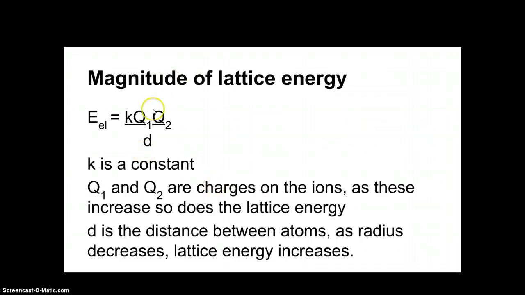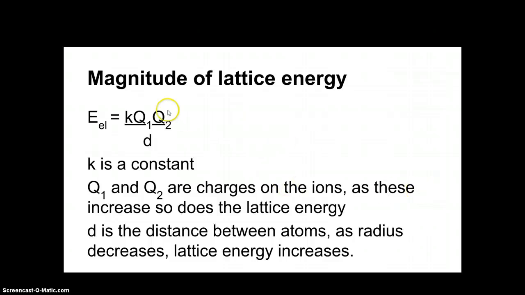Let's talk about what each one of these things is. First off, K is a constant, so we're not going to worry about it. Q1 and Q2 are the charges on the ions. So let's say Q1 was potassium and Q2 was chloride, the charges would be +1 for Q1 and -1 for Q2.